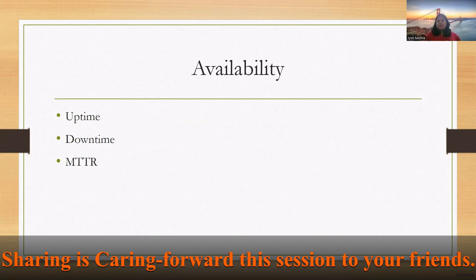Availability, how do you get to know about the availability? Whenever we talk about availability, you'll hear from the developers or from your SREs that they talk in terms of 99, 99.9, 99.99, four nines, five nines.